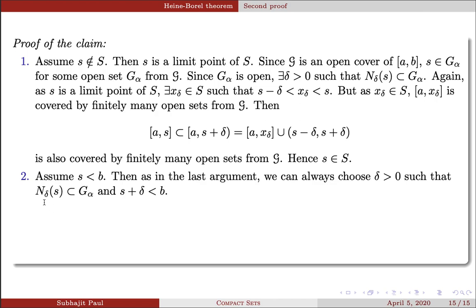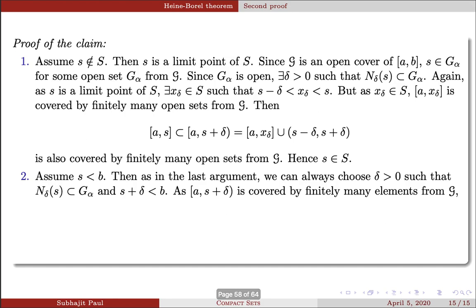So we choose this delta such that the delta neighborhood of S is entirely in G alpha, and also S plus delta is smaller than B, right? Now, for this delta, this argument holds, and this A to S plus delta is covered by finitely many elements from script G, as we have seen here.